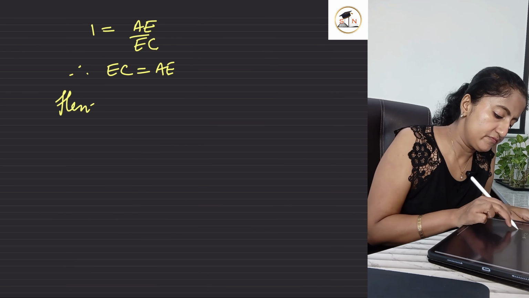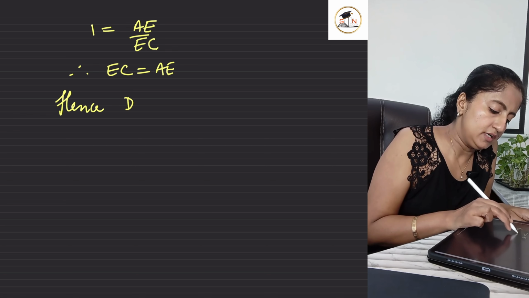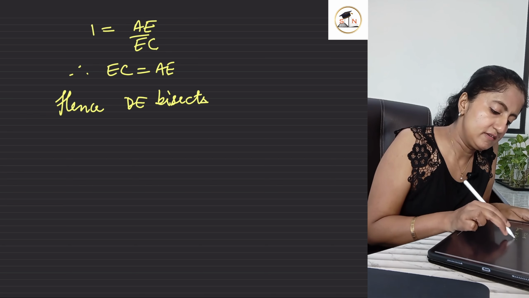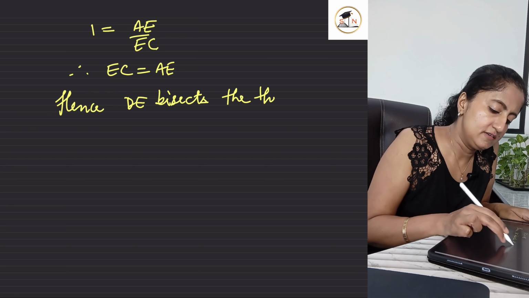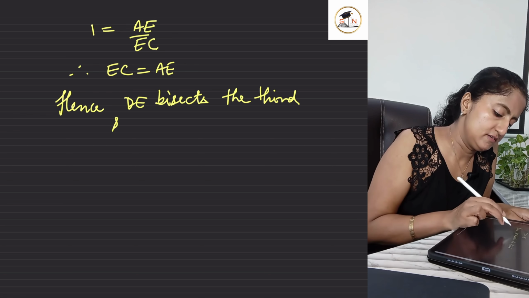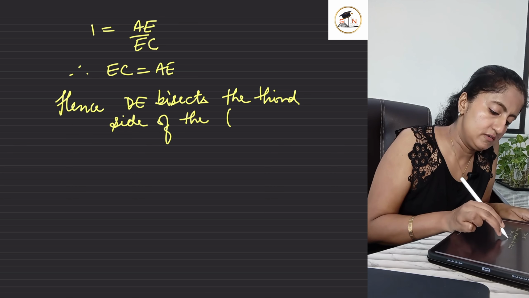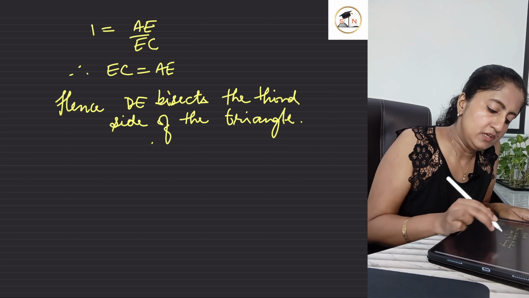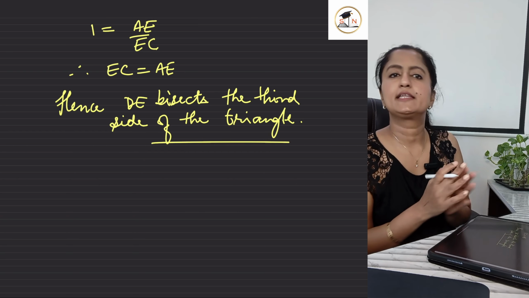Hence, DE bisects the third side of the triangle. Why did I write in words like this at the end?